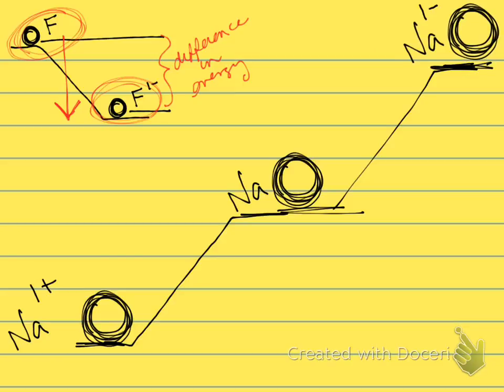It's got an extra electron. So we've pushed it up that hill. It's even higher energy and less stable than it was when it was a neutral atom. It's got even more energy because it's completely unstable.